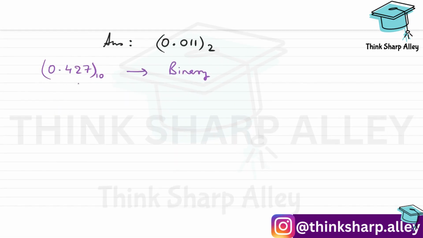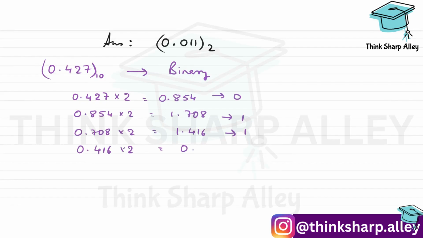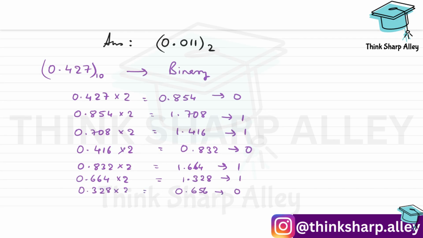Multiply the decimal part by 2 and note the number left of the binary point. You can see that the fraction is not becoming 0. So in such cases, we stop after a reasonable number of steps and write an approximate binary value. So that is why here we write the answer.